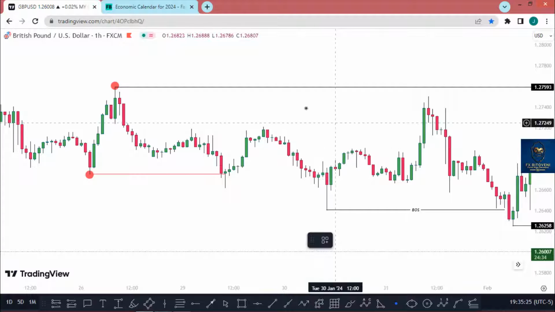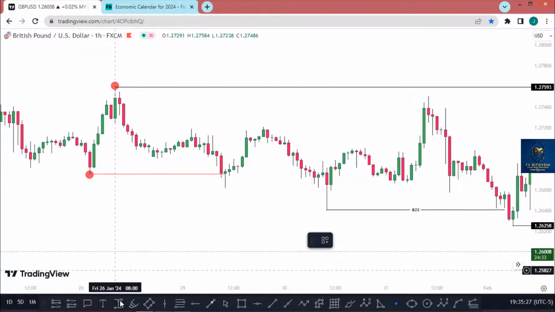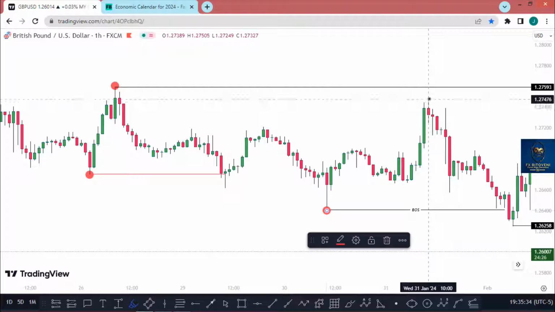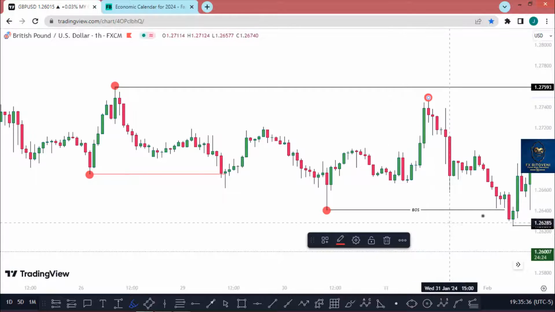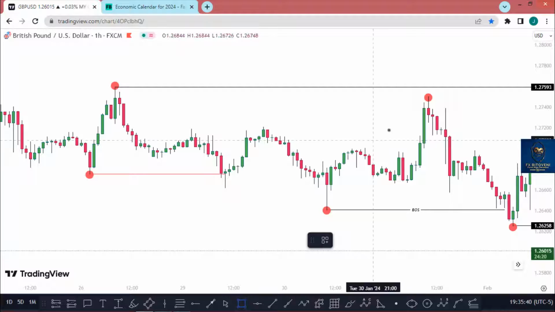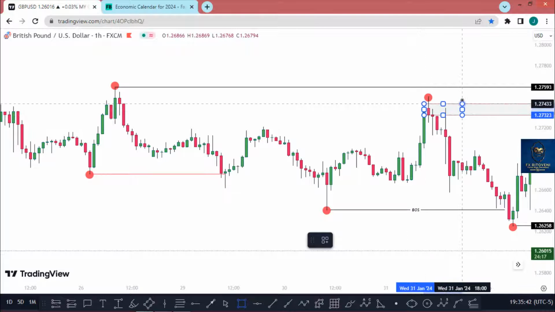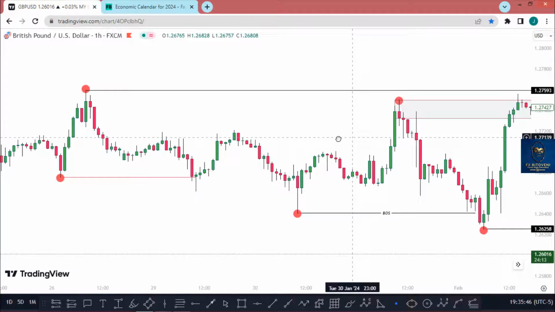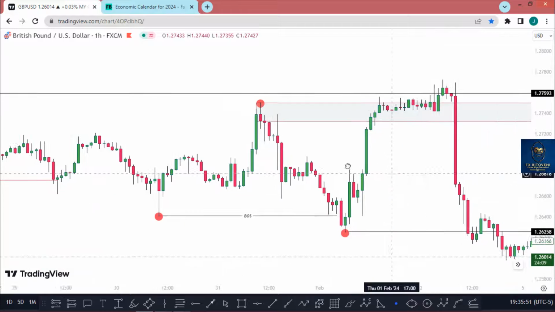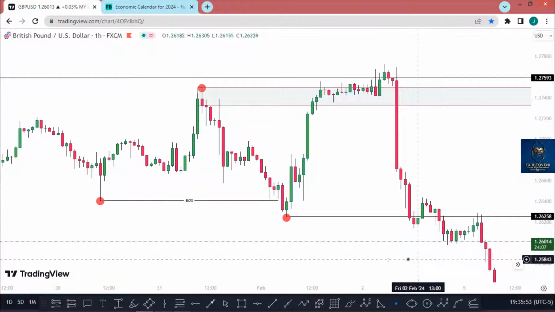So this is the break of structure, then you have a low, a high, a low, a high, and then another low. Then you are planning to sell from here, maybe from this sponsored candle. And then once you sell, you are taken out, and the market continues to drop.